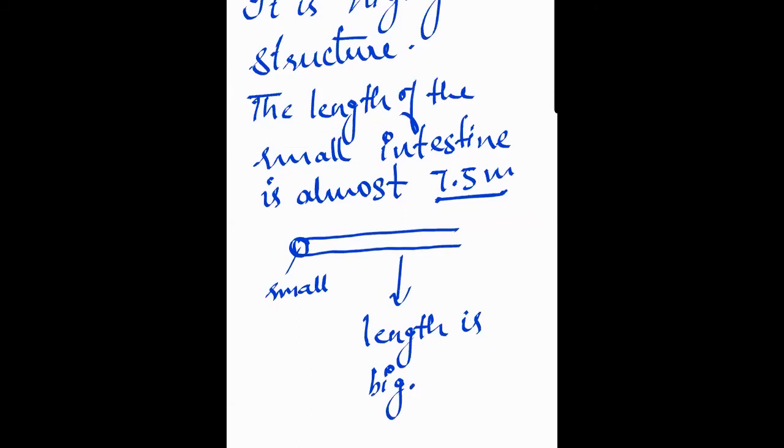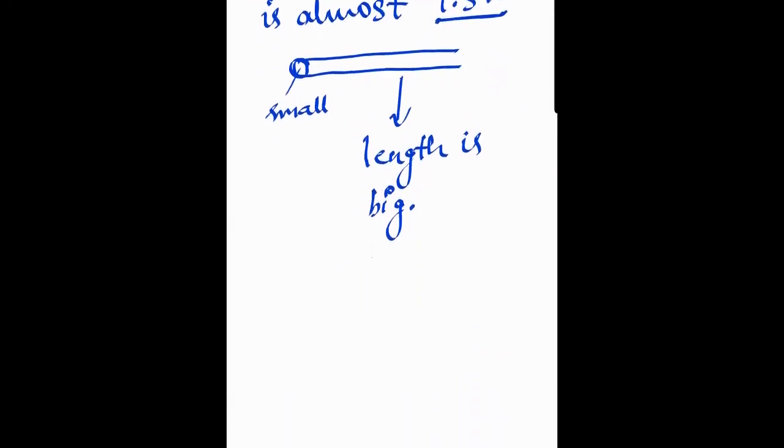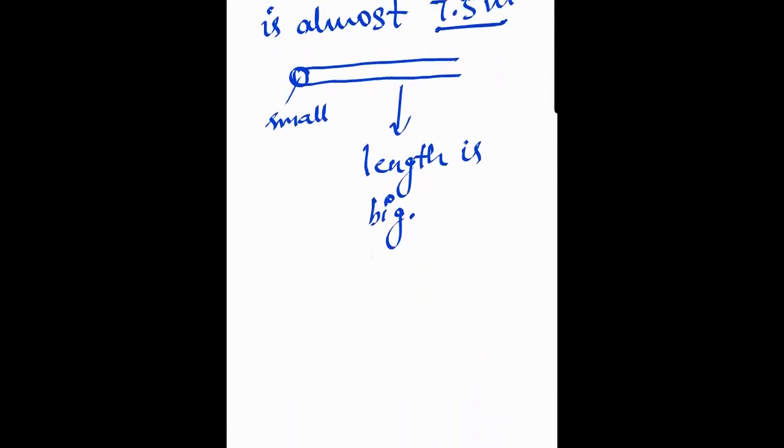The meaning of coiled is this: something completely coiled. Like a snake, or if you keep earphones in a bag, what will happen?